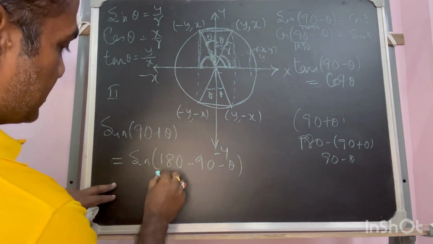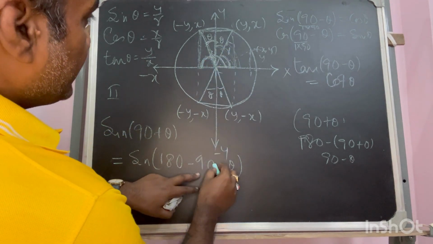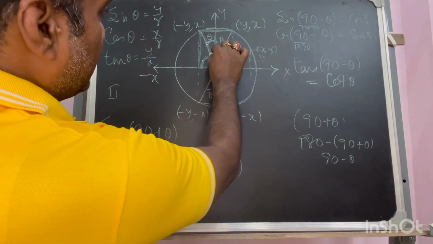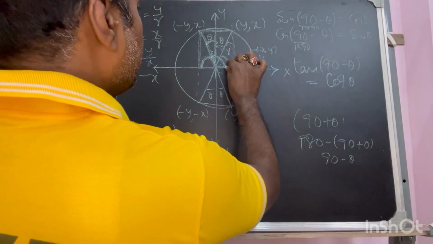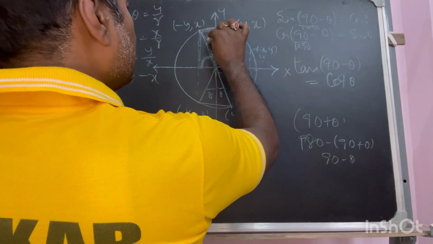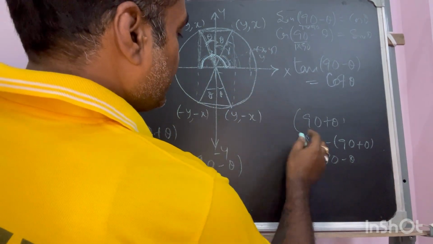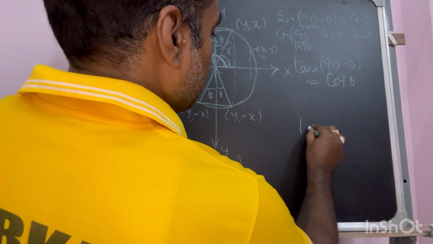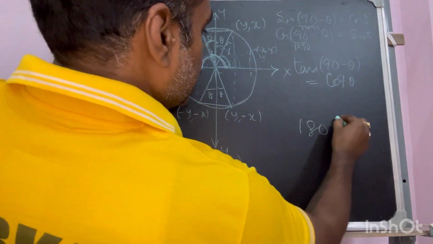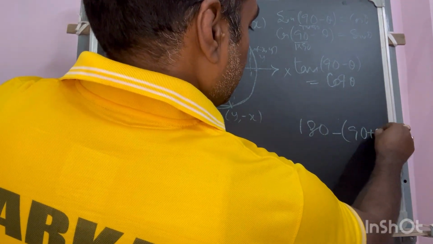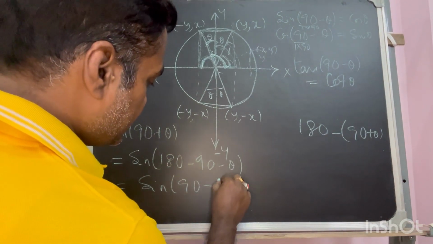Total is 180 minus this angle. This angle I will get if I deduct 180 minus the earlier one. This angle is nothing but 90 plus theta, because I assume theta, so this mark is this much. Now to get this, it is the total angle moved, 180 minus this angle. So this angle is 90 plus theta, so that will give you 90 minus theta.